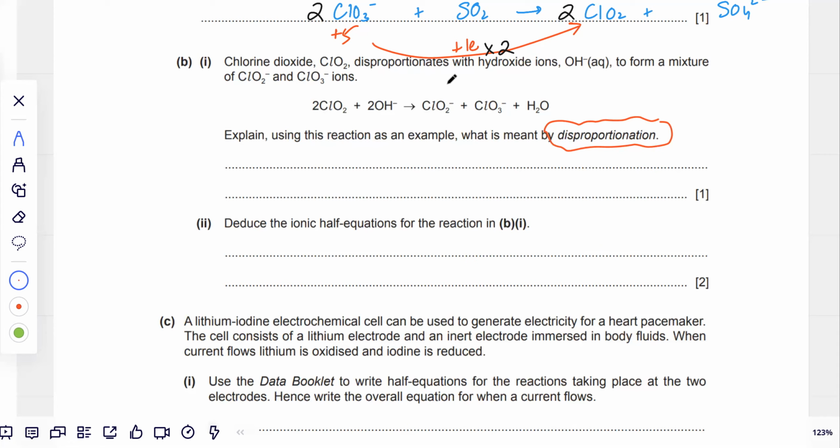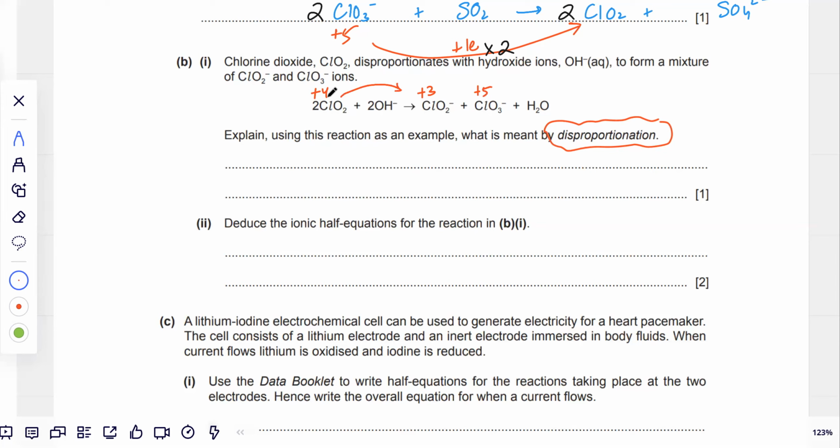In this equation, what's the charge on Cl initially over here? +4. And over here it's going to be +3, and over here it's going to be +5. Okay. So that means it's going from +4 to +3.